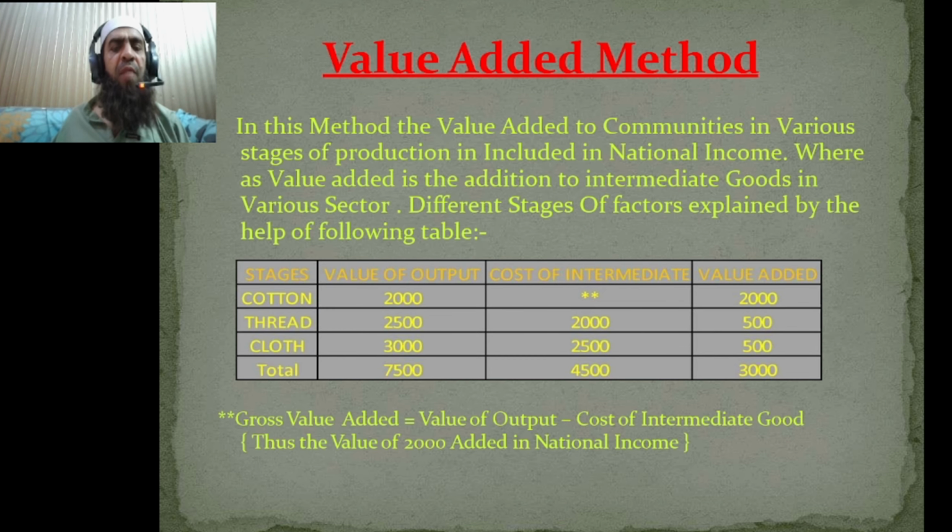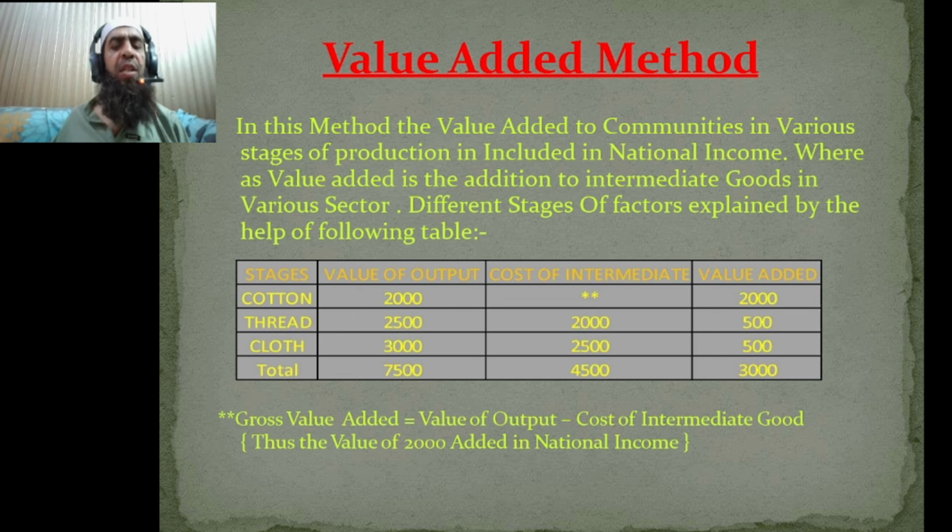Value added method. In this method, the value added to the commodities in various stages of production is included in national income, whereas value added is the addition to intermediate goods in various sectors. Different stages of production are explained with the help of the following table. For example, cotton, thread, cloth. These are the stages.